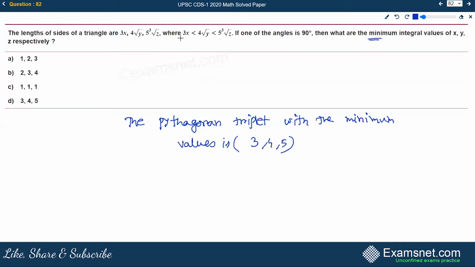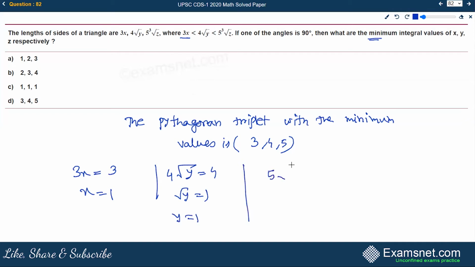The smallest side is 3x, correct? So 3 should equal 3x, so x equals 1. 4 root y should equal 4, root y equals 1, so y equals 1. And 5 cube root z equals 5, so cube root z equals 1, so z equals 1. So the minimum integral values of x, y, z are 1, 1, 1. Now option C is the correct answer here.